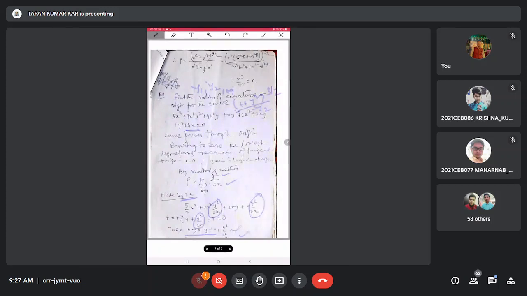But when x tends to 0 and y tends to 0, the other terms become 0. So y square by 2x equal to rho, and there is only rho plus 2, that is rho equal to minus 2. But the radius of curvature cannot be negative, so rho equal to 2.